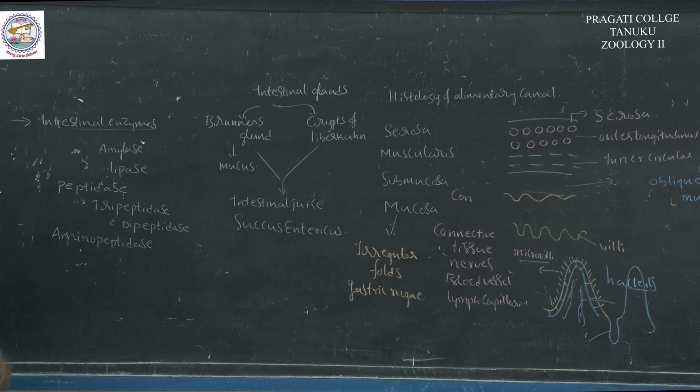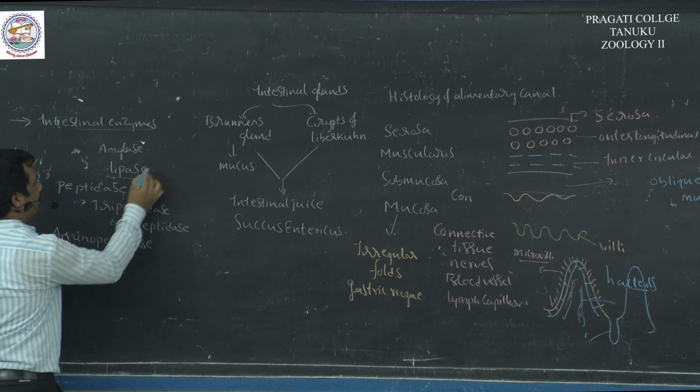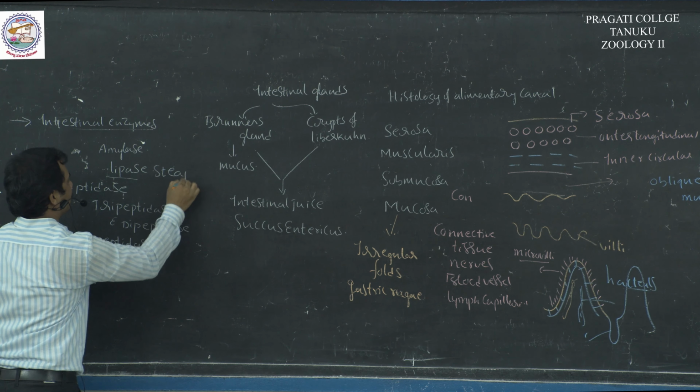Amylase acts on the starch or carbohydrates. Lipase acts on the lipids. Dipeptidase and tripeptidase act on dipeptides and tripeptides. Aminopeptidase acts on proteins. And it also contains the pancreatic lipase, also called steapsin.